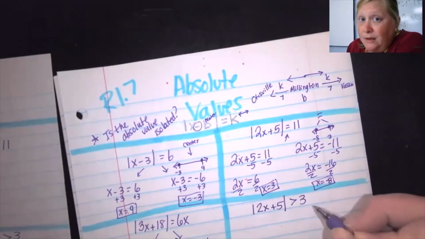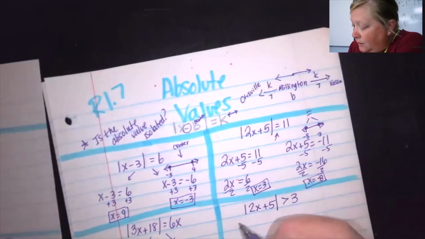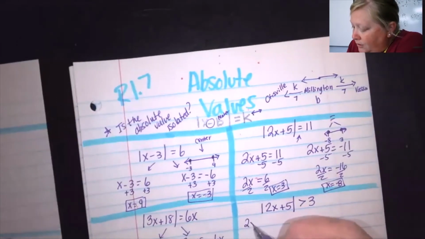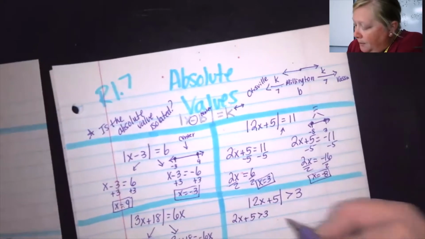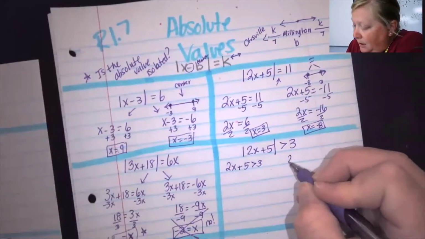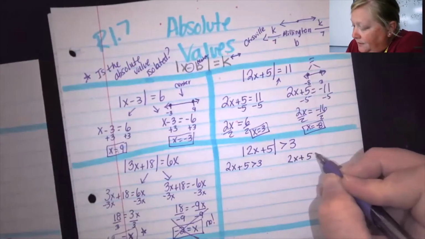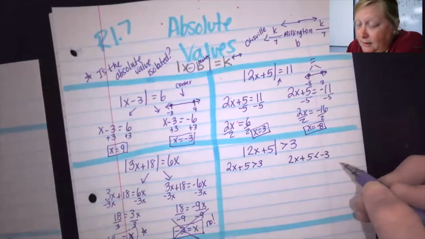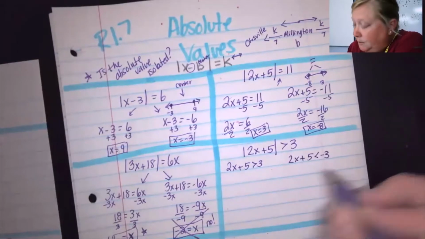So you're still doing the same thing. We still need two scenarios. One in which you take what you see is what you get. But if you're going to flip the sign on the second part, you also have to flip the sign of the inequality as well. Okay?